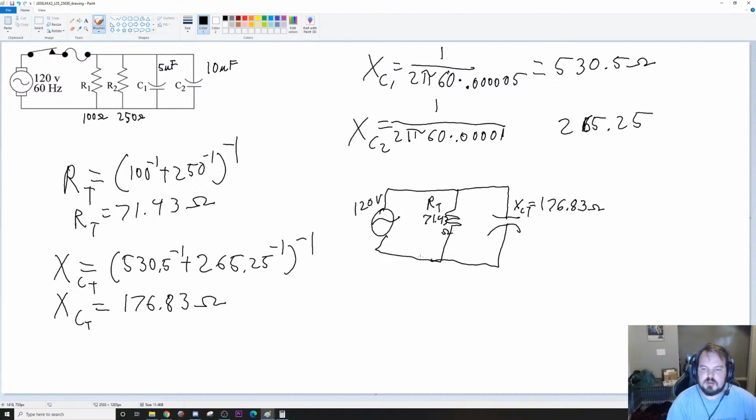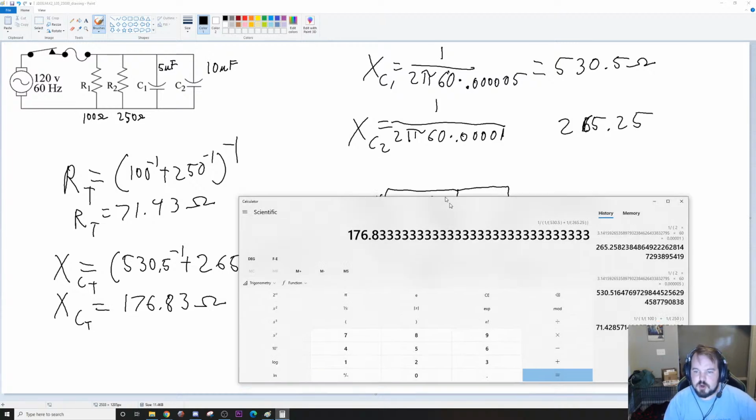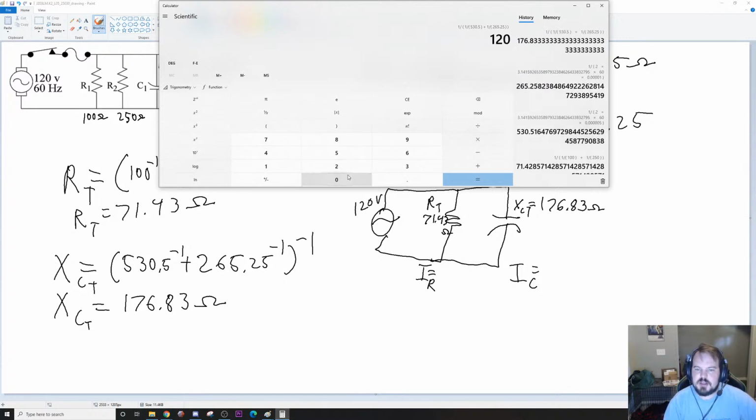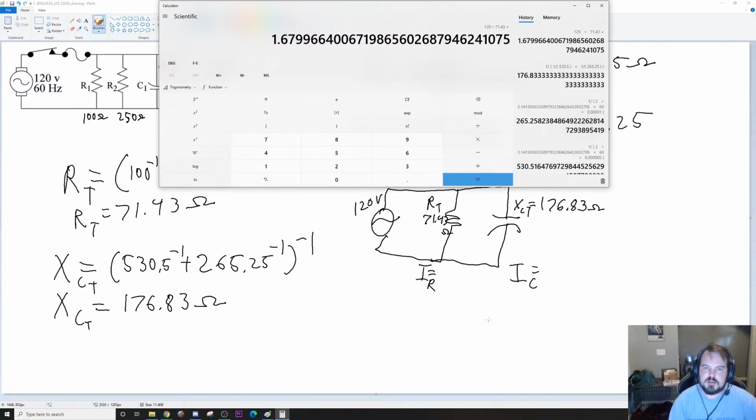Alright, so we're going to find our current. We're going to find I of R and I of C. We're going to use Ohm's law to find these. So 120 divided by 71.43, 1.68.